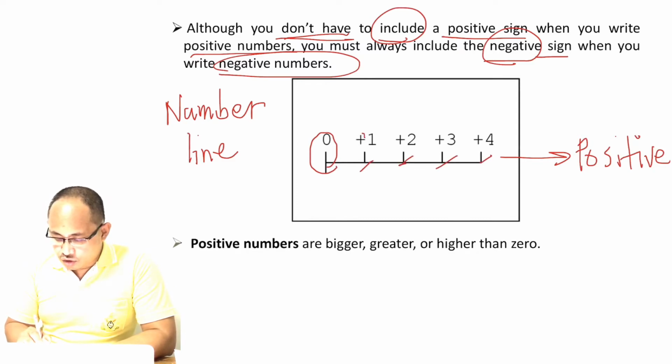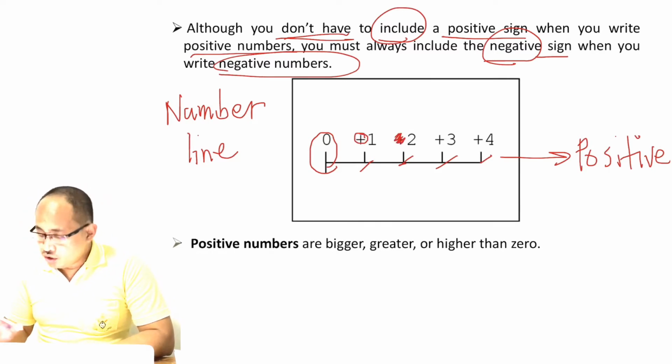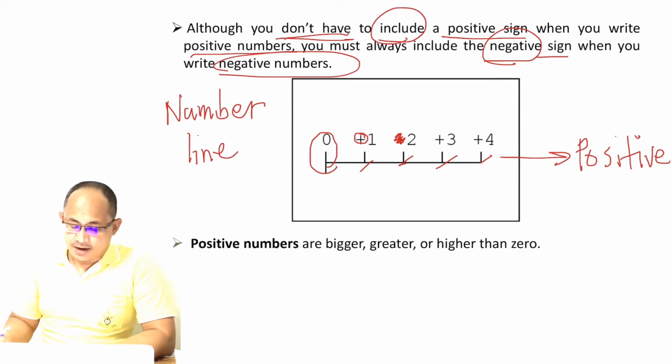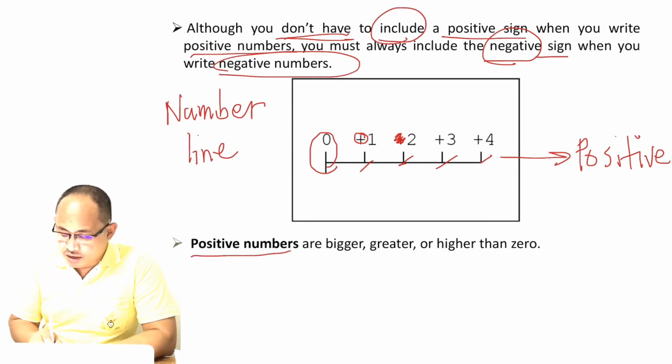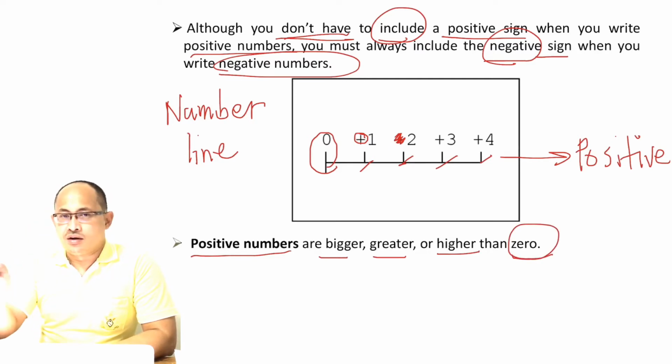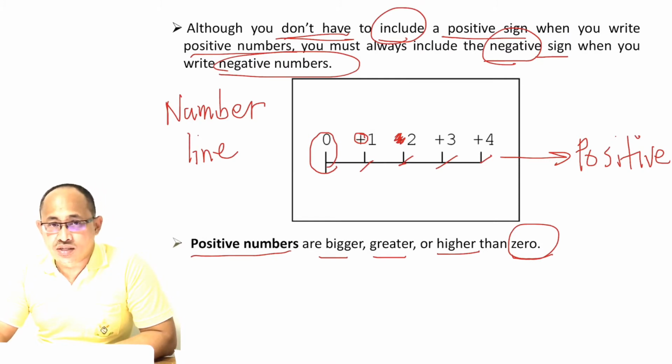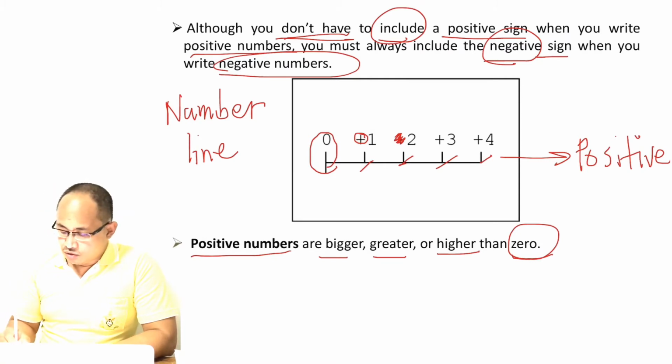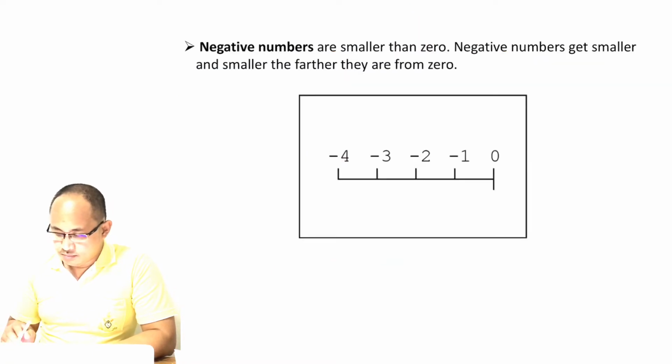Either you put a plus or you just write 2. No need to put a positive sign. Positive numbers are bigger, greater, or higher than 0. So these are numbers that have much more value than 0. Okay? So remember that one always.